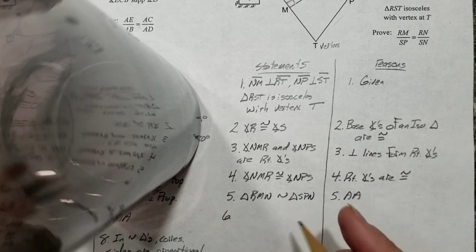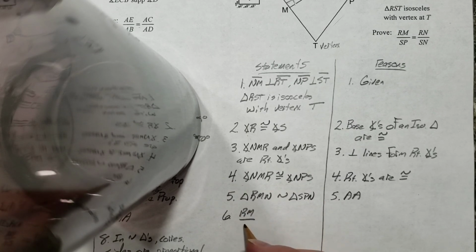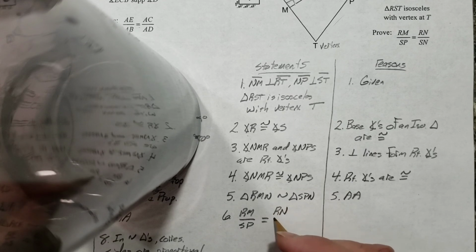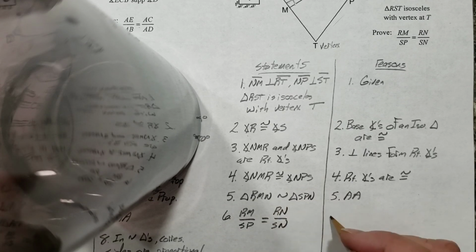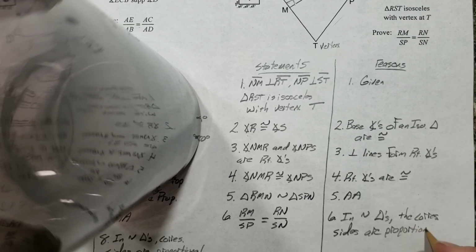And the last step to set up the proportion: RM is to SP as RN is to SN, and that is because in similar triangles, the corresponding sides are proportional. And there you have it.